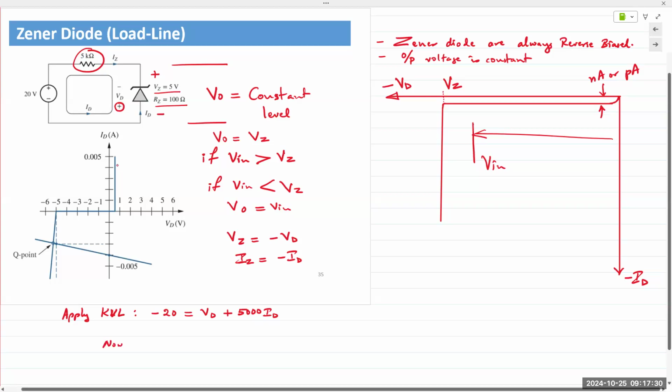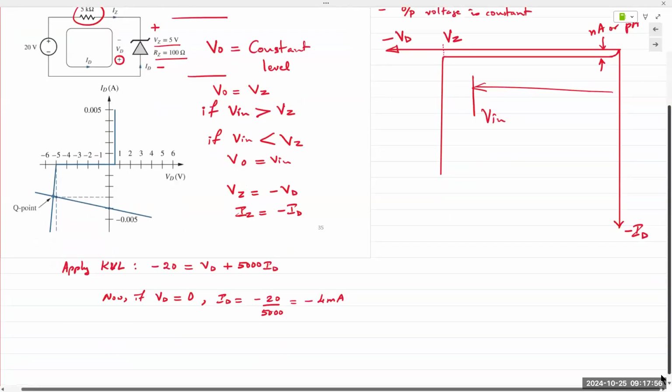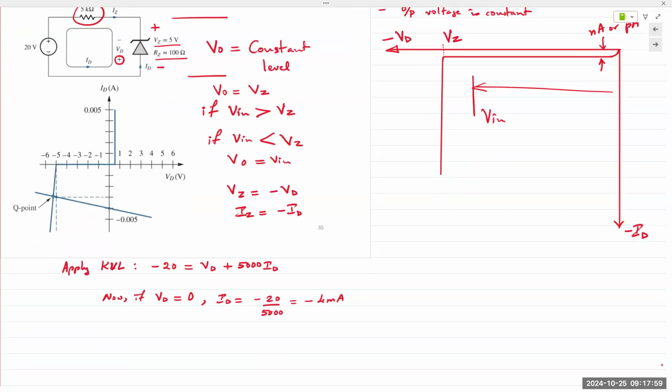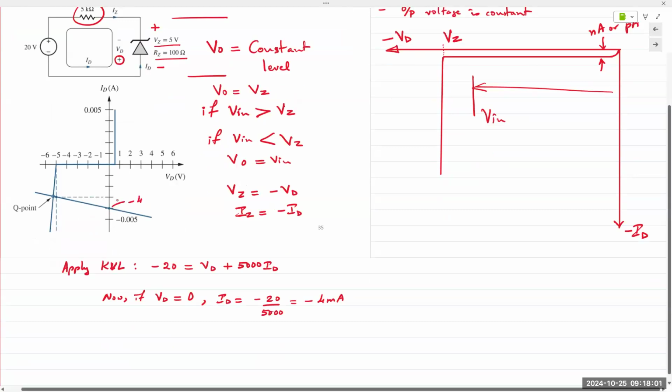Now, if VD is equal to 0, meaning I want to find the point on the y-axis, then ID is equal to minus 20 over 5,000, which gives me minus 4 milliamps, which is this point right here.